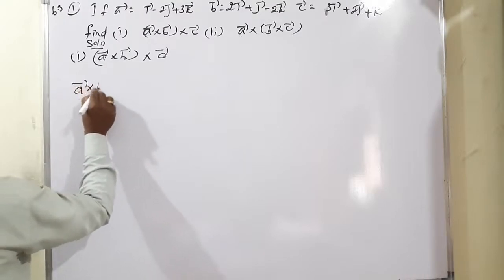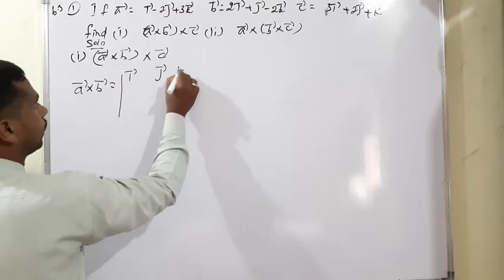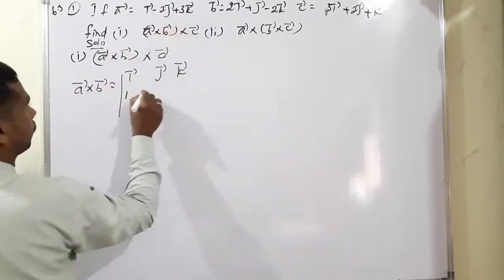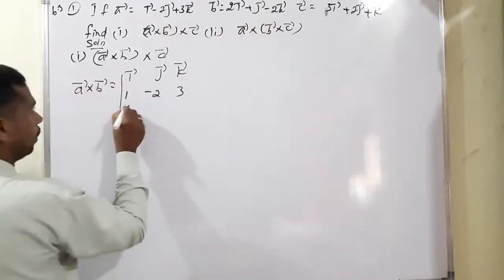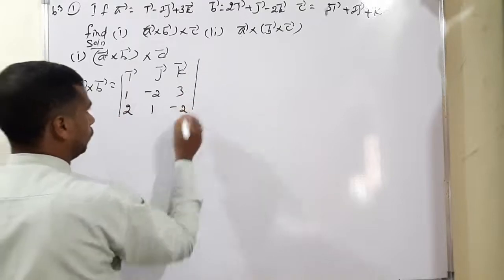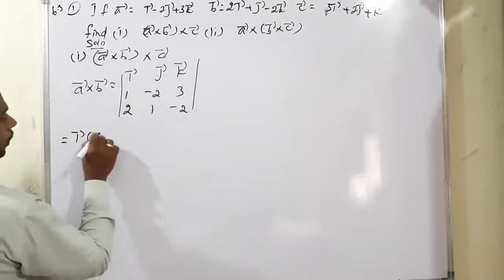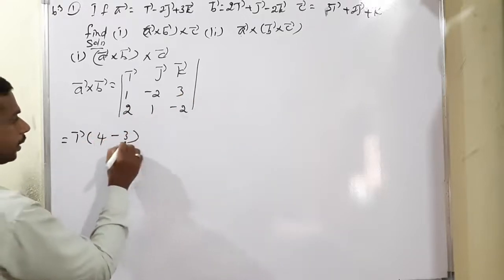So A vector cross B vector: determinant i, j, k; A is 1, minus 2, positive 3; B is 2, 1, minus 2. Now i vector means i into minus 2, that is positive 4, minus 1 into 3, because cross multiplication means extra minus.